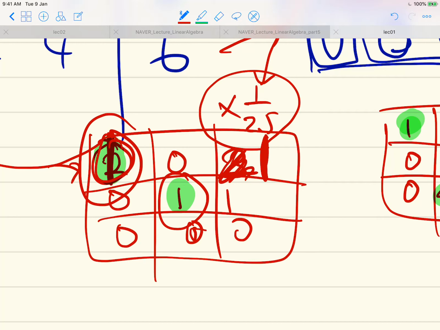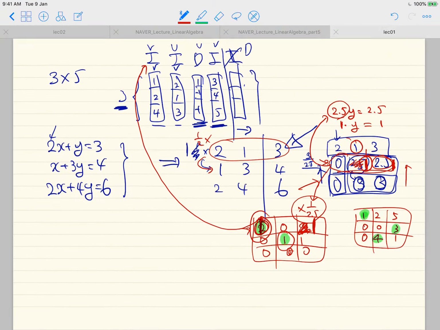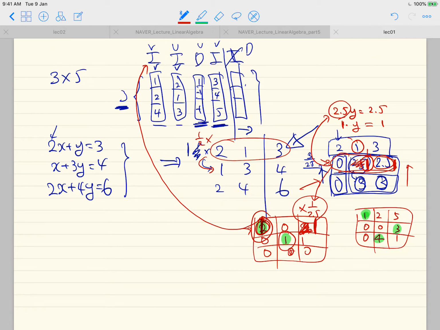Okay, and so, yeah, back to the original point. This matrix was originally coming out of this set of equations, right? So for this set of equations, we just apply the Gaussian elimination, just trying to obtain the solution for this set of equations.